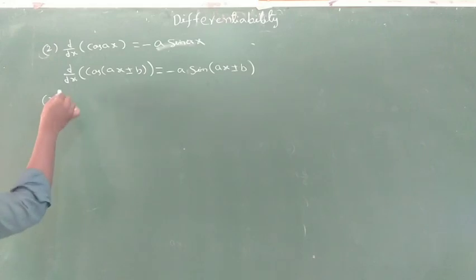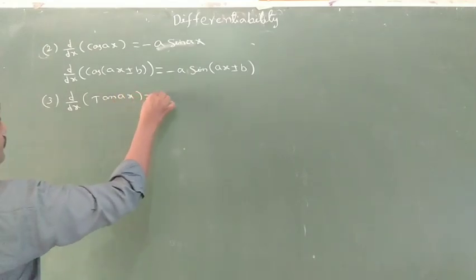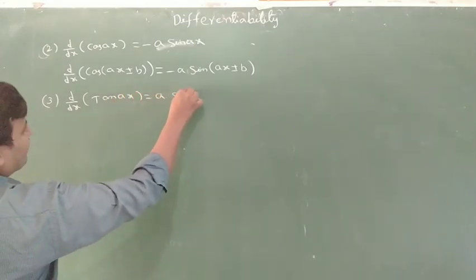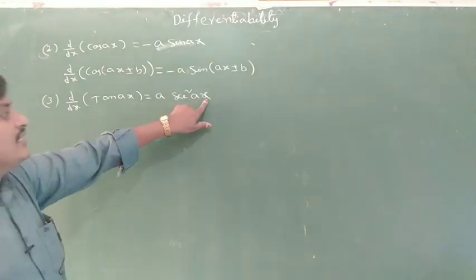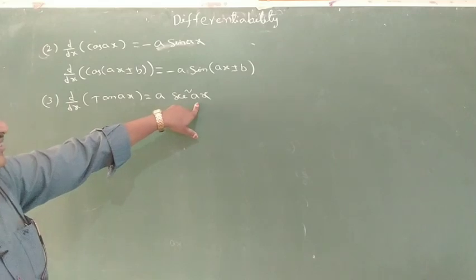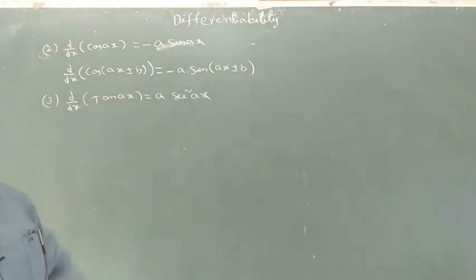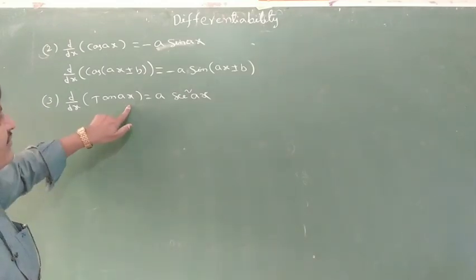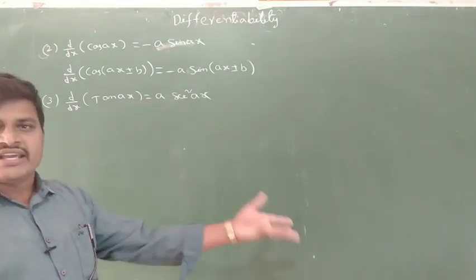Third one, tan. d by dx of tan ax. The derivative of tan x is secant square x, but the derivative of tan ax is not a secant square x. The derivative of tan ax is secant square ax, and again the derivative of ax.